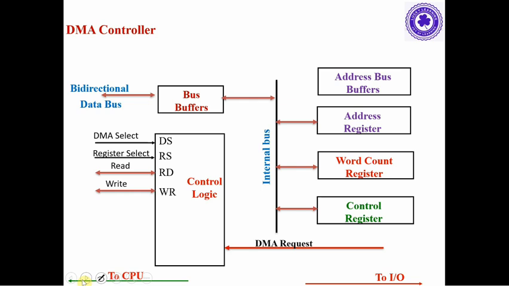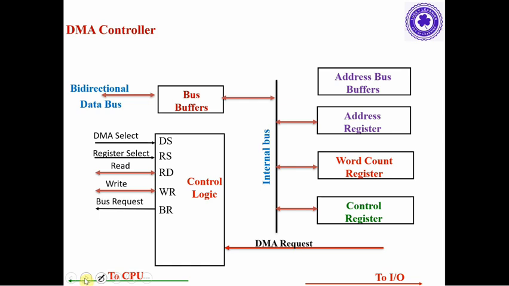Whenever IO devices want to communicate with the memory, the IO device will send a DMA request to the DMA controller. Then the DMA controller will send a bus request signal to the CPU.